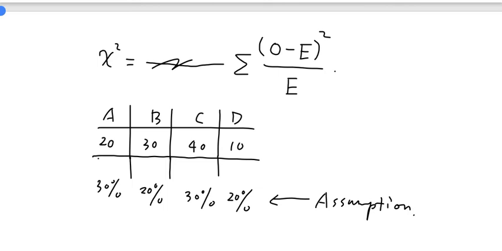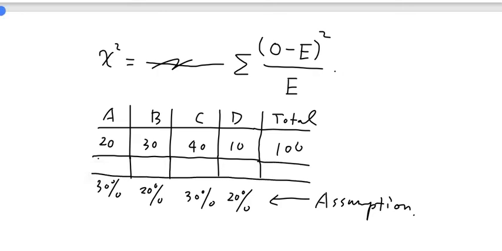Based on this assumption, we have 100 numbers total, so we should have 30 here, 20 here, 30 here, 20 here, right? Those are the true or observed data, and those are the expected data.